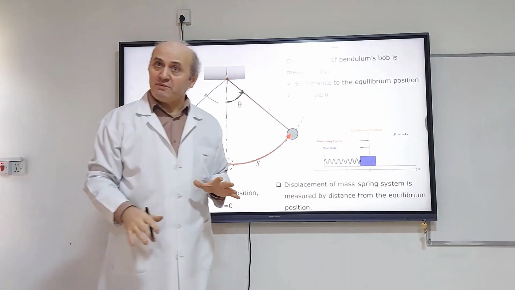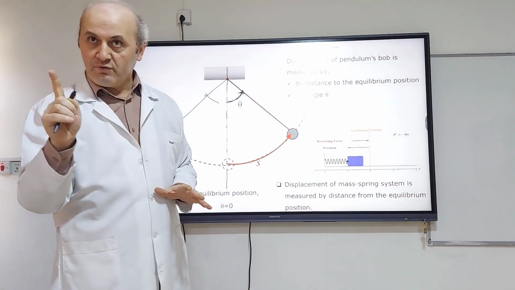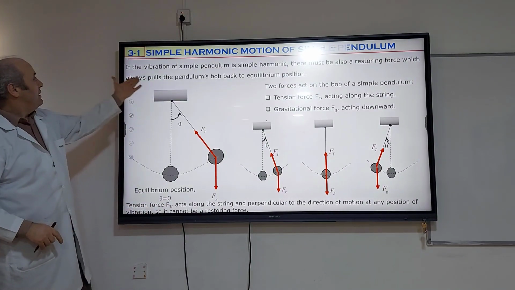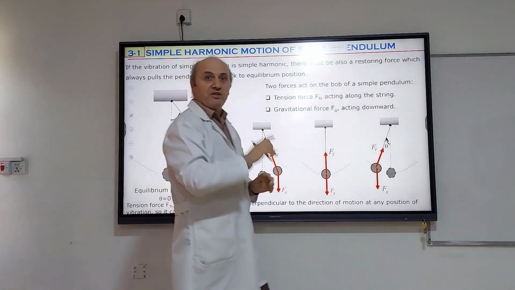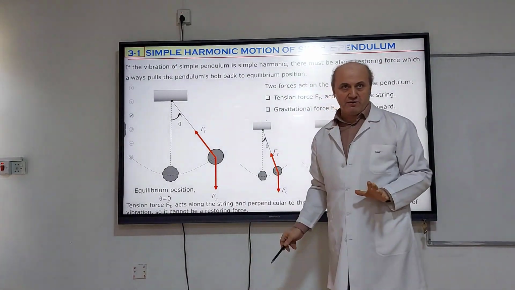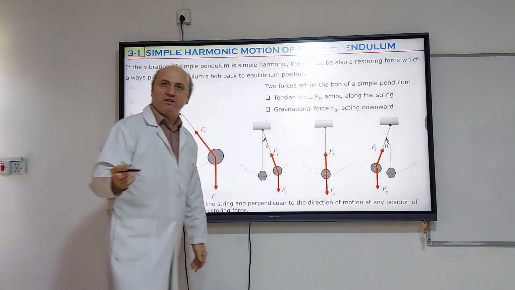Then let's check if this vibration is simple harmonic or not, by searching for the restoring force. If we find it, yes, it is simple harmonic. There are two forces acting on this pendulum's bob. One of them is the gravitational force downward. The other one is the tension force along the rope. Look at this tension force.